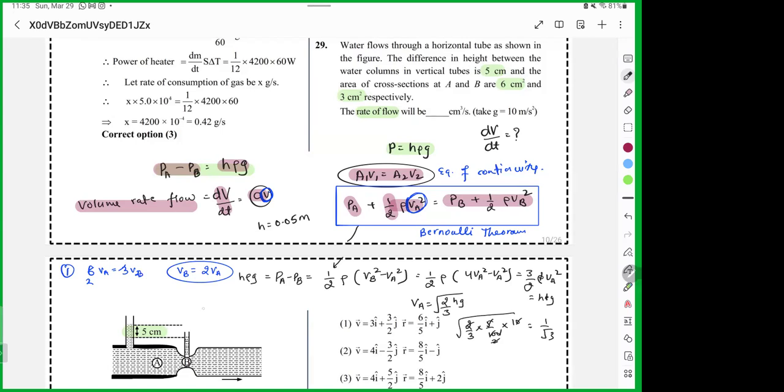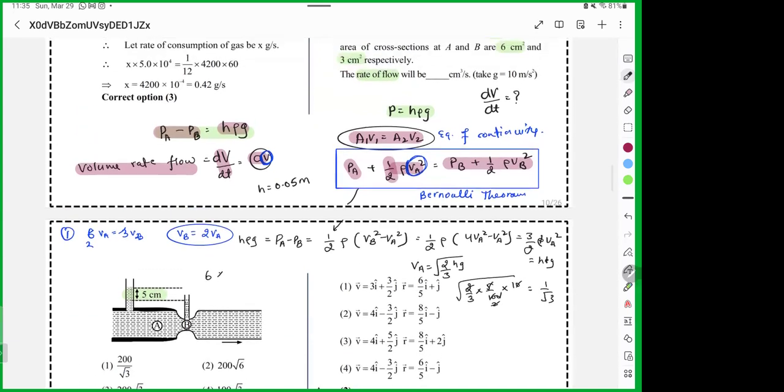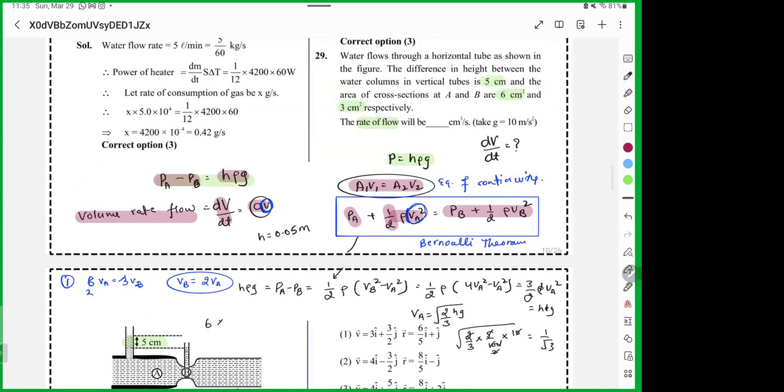If you want to calculate the volume rate, dV by dt is equal to area, which is 6 centimeter square. Convert into meter. You can take it in centimeter because your answer is given in centimeter cube.